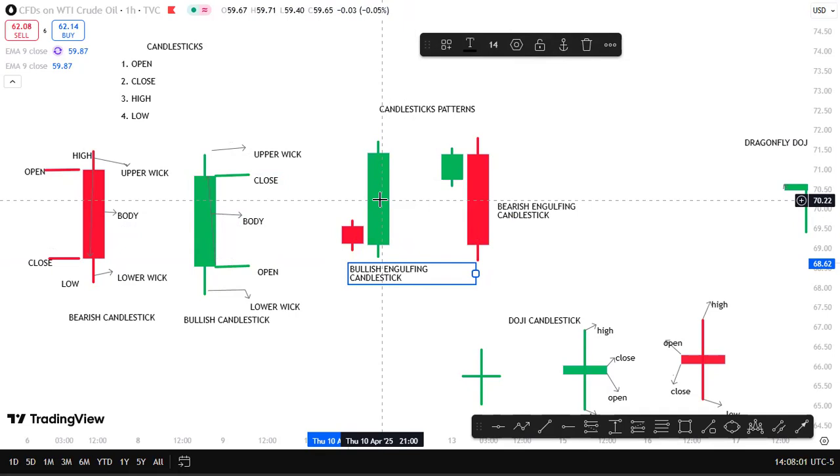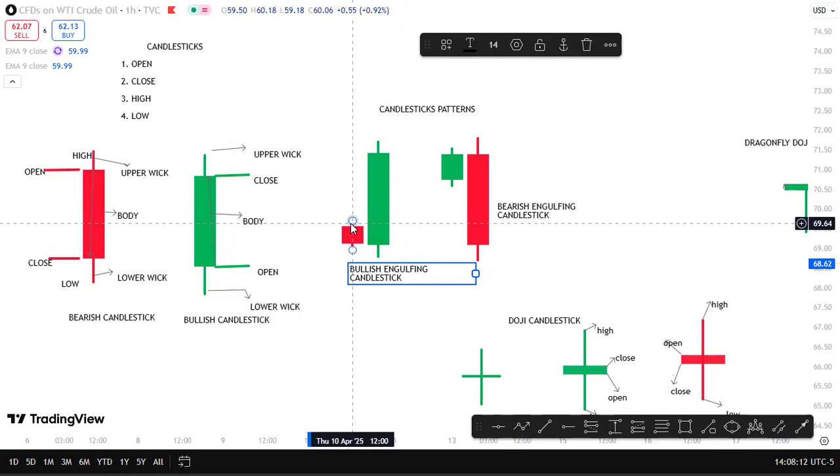But for it to be considered an engulfing candle, it has to engulf at least one previous candle. It can still engulf more than 2 or 3 candles.